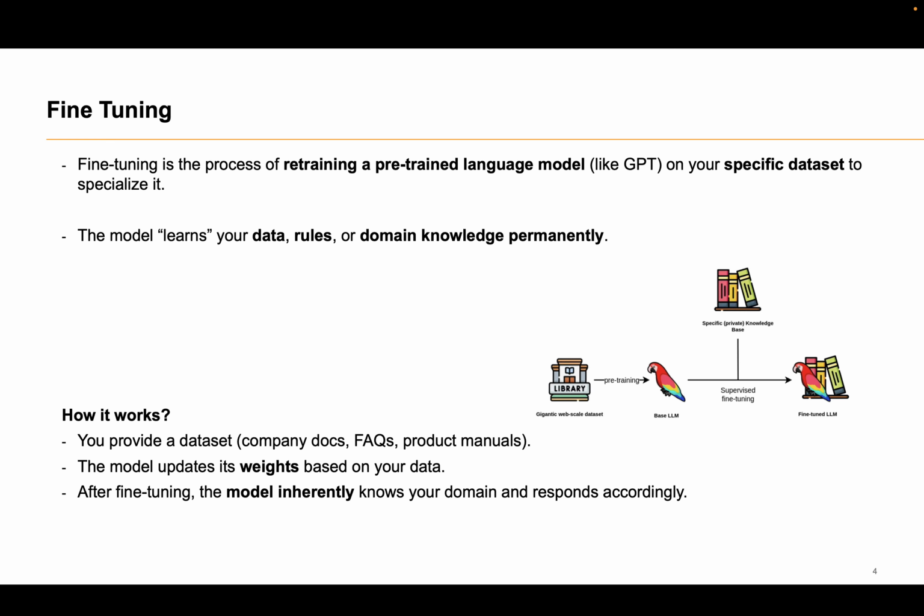That data will always be there with this model. So you provide a data set, company docs or FAQs or product manuals, and the model will be trained with these data sets. The model updates its weights based on your data. After fine tuning, the model inherently knows your domain and responds accordingly.